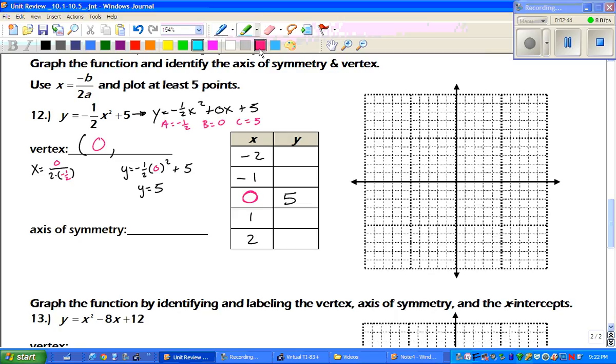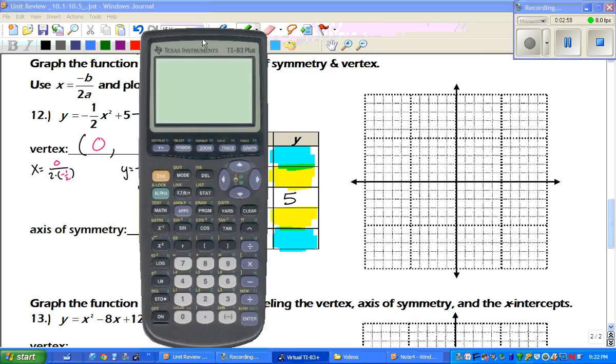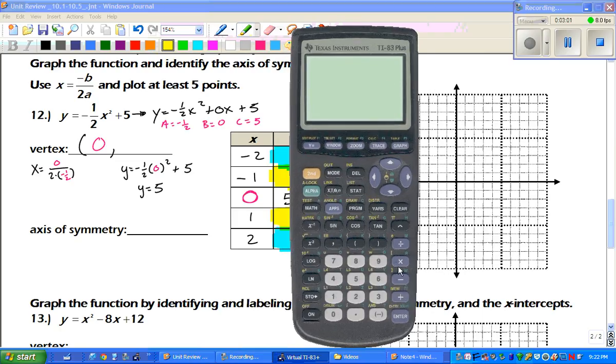All right, now to find the other points, remember that these 2 points are going to be the same, and these 2 points are going to be the same. So let's go ahead, and all we have to do is plug them into the formula.